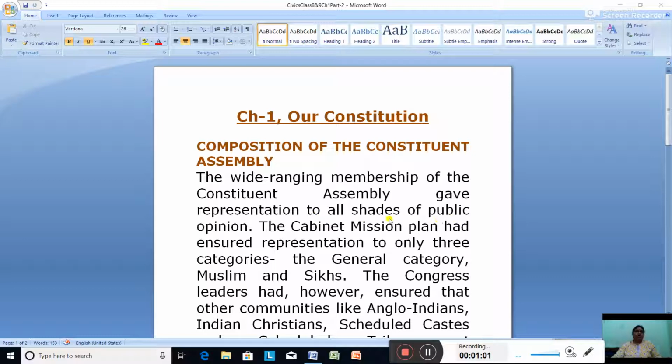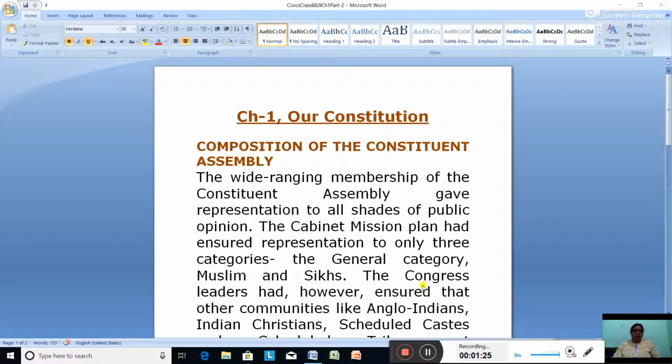It means that we had members from every community, every caste. But the Cabinet Mission Plan ensured representation only from three categories: the general category, Muslims and Sikhs.